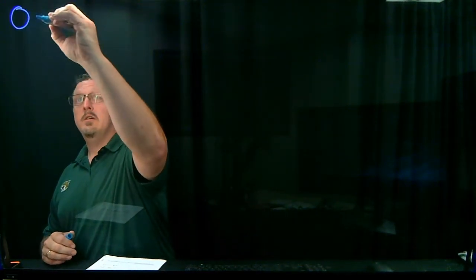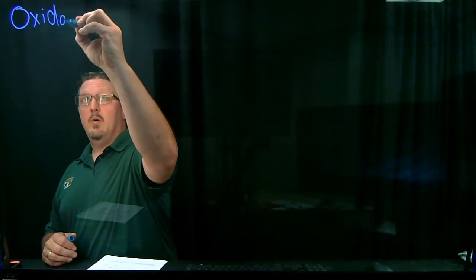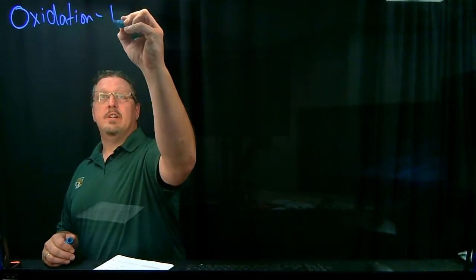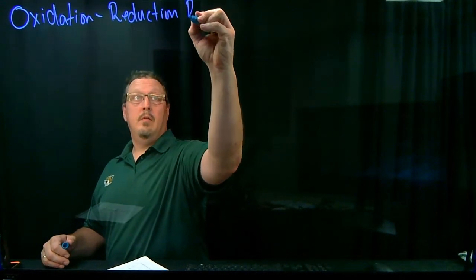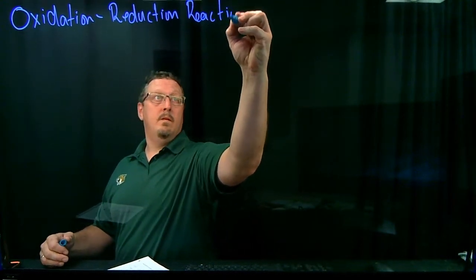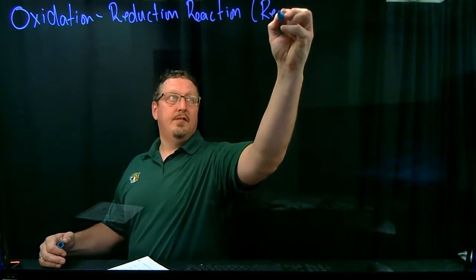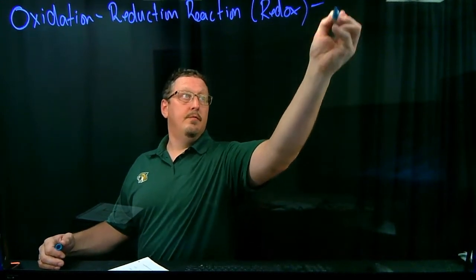So now we're going to talk about a type of reaction that we've not talked about before, and this is called an oxidation-reduction reaction. Oxidation-reduction reactions are called redox for short.